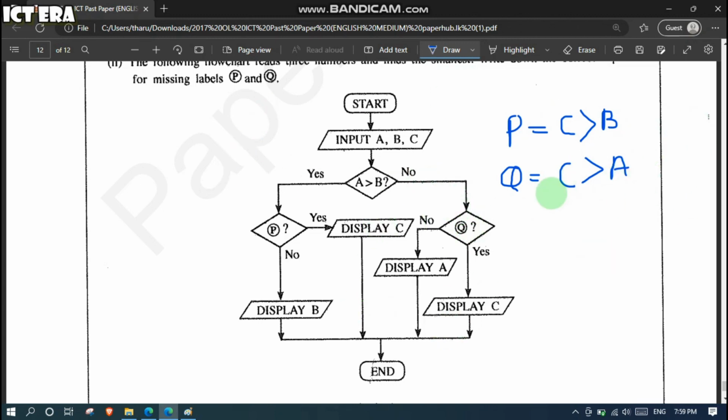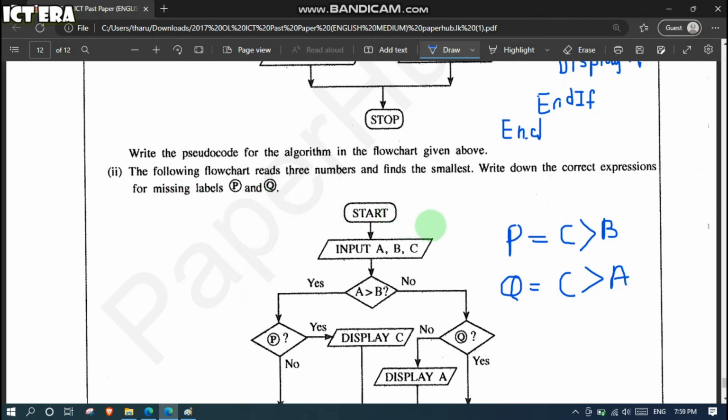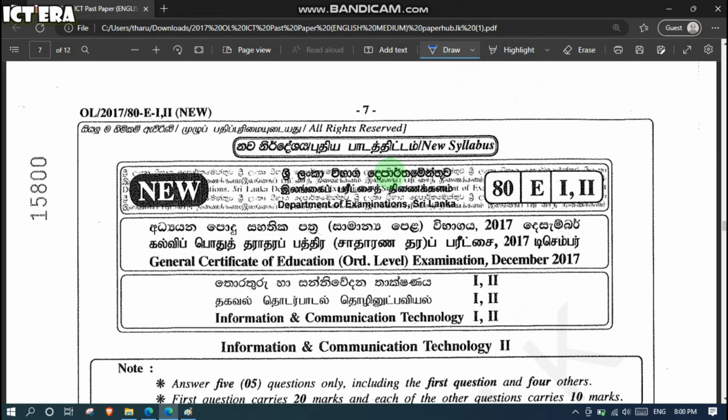So these are the missing labels P and Q. So this is the end of the 2017 oral paper.